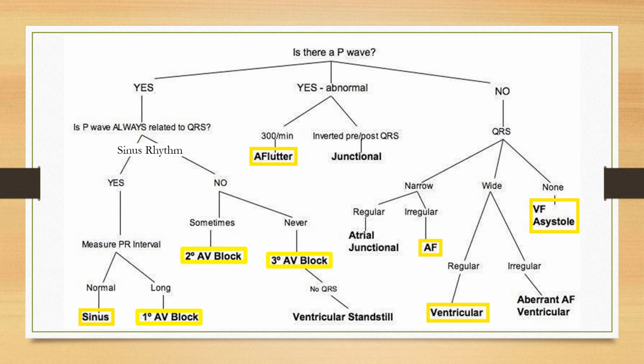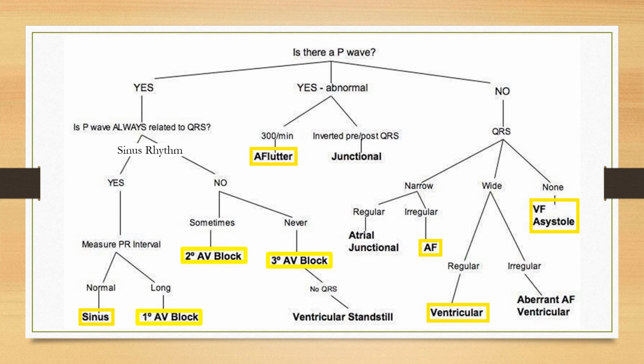So second degree block type 1, or Wenckebach, well, you have a P and then a QRS, and then a P and a gradually prolonging PR interval, then a QRS, and then a P, and then oops, dropped. It dropped a QRS. Okay, so that would be a Wenckebach. Still sinus rhythm, but it would be sinus rhythm with a second degree type 1 block.